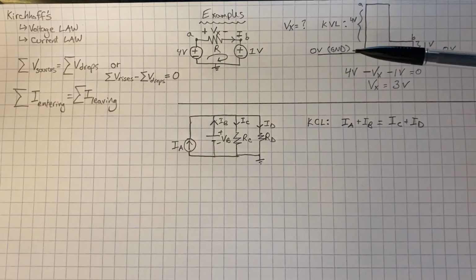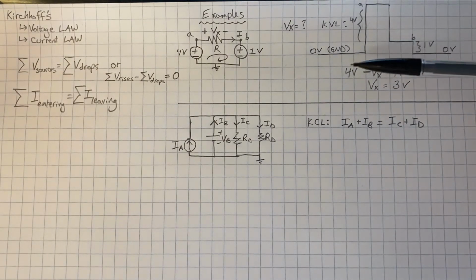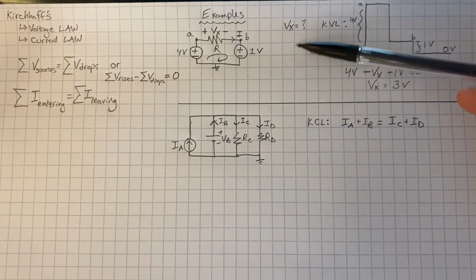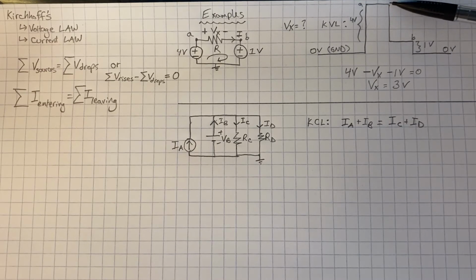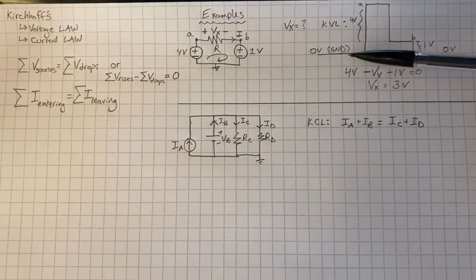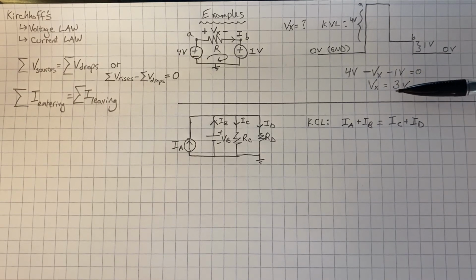If we picture that as a plot with different elevations, we're starting off at ground in this loop, jumping up by 4 volts, then going down by Vx, whatever that is, and then again going down by 1 volt to reach back to the potential we were at the start of the loop. If we write that down, that's 4 volts minus Vx minus 1 volt equals 0. Obviously Vx equals 3 volts.